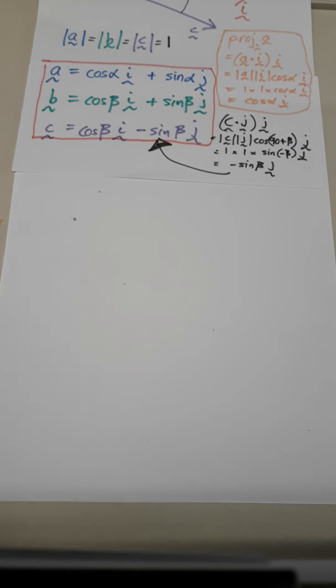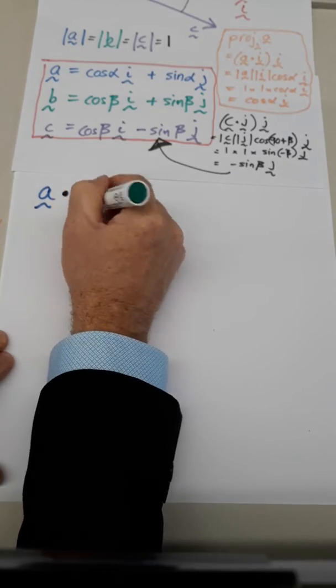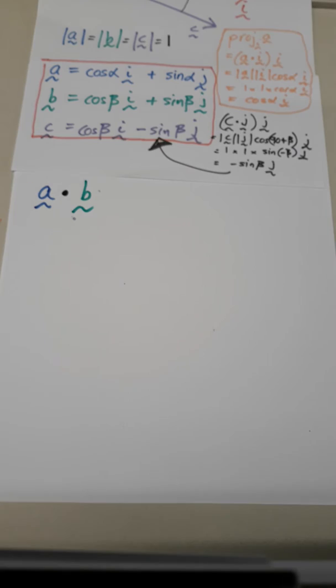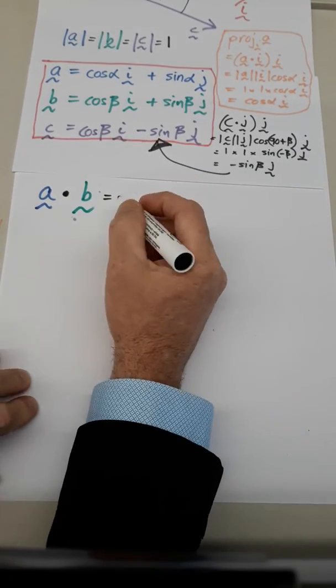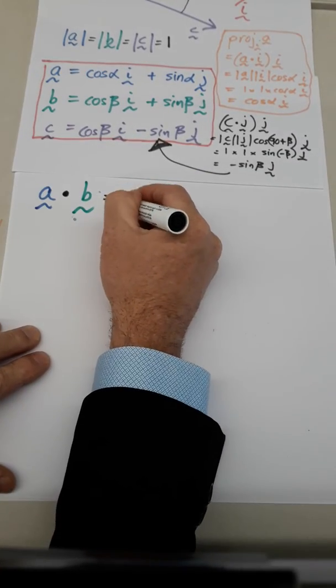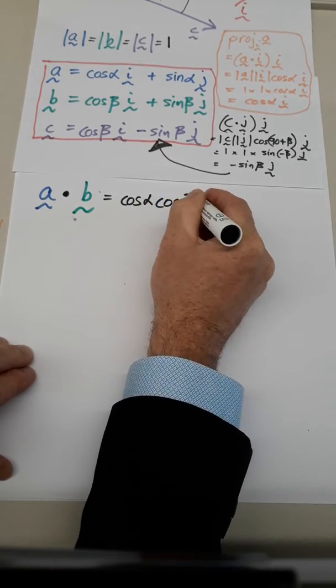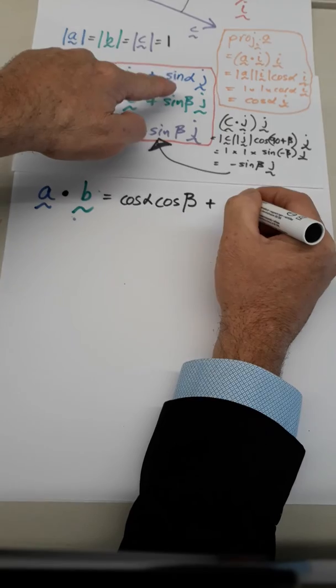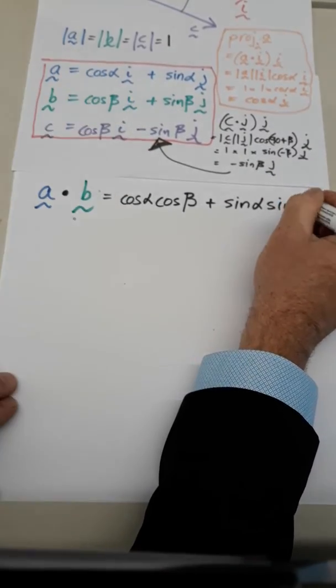So the first dot product I want to do is A dot B. In terms of the components, it'll be cos alpha cos beta plus sine alpha sine beta.